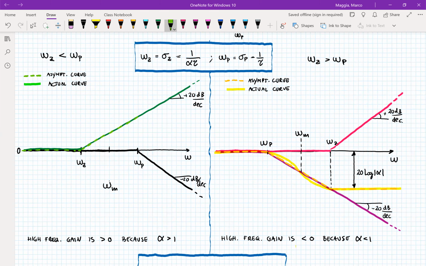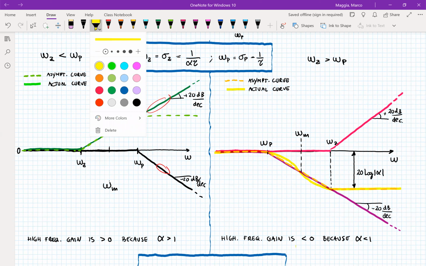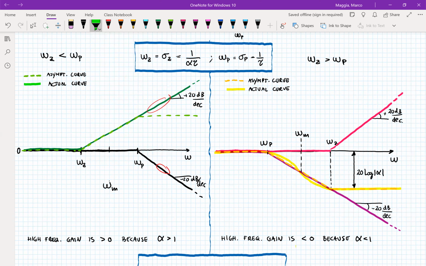At that point, we start going down with minus 20 decibels per decade. So if we combine the upper slope with the lower slope, they cancel out. And so we end up with a flat asymptotic curve. Of course, if we want to draw the actual curve, we have to smooth things down. And so we're going to have something like this.